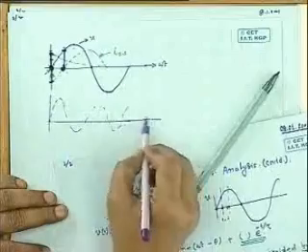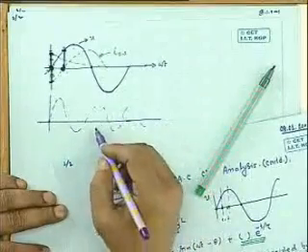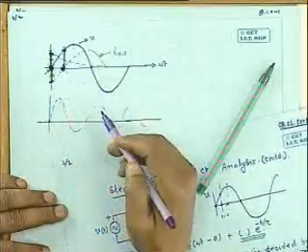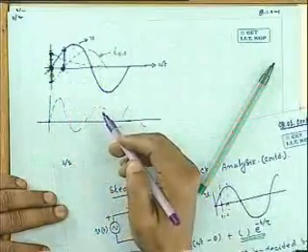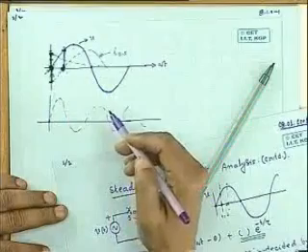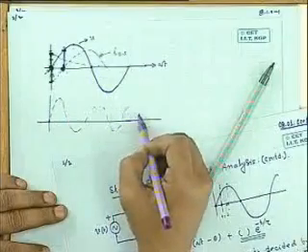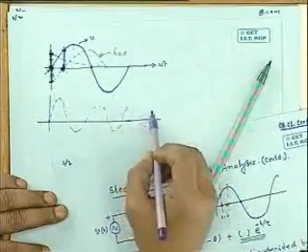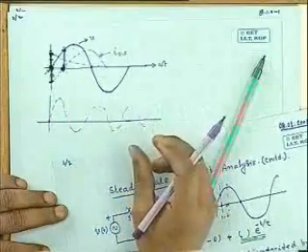After a few cycles, it will be fully sinusoidal, because by that time this exponentially decaying component has decayed down to 0, or practically no significant current flows because of that exponential term, and your final steady state will be reached. That decay is decided by L by R of the circuit.